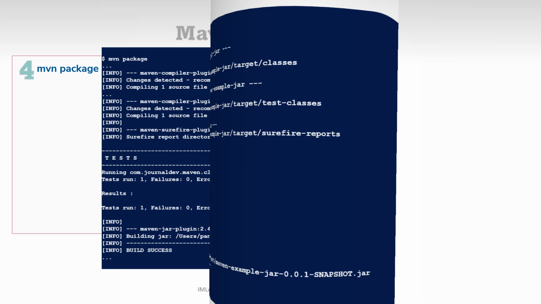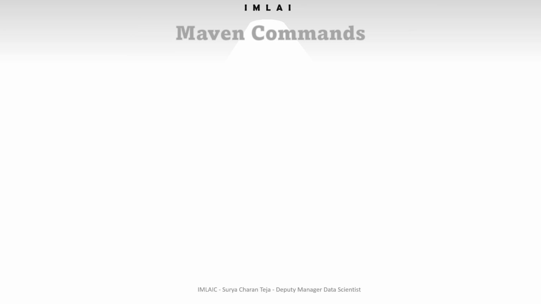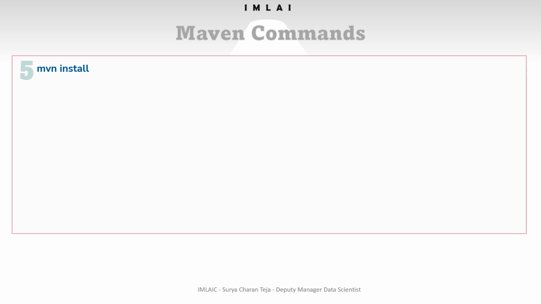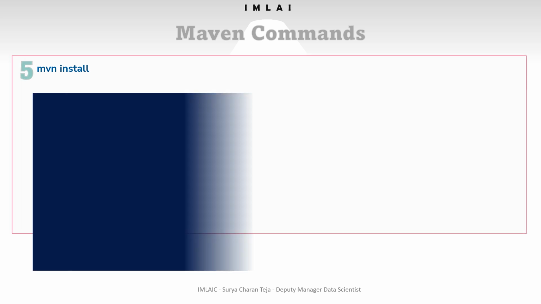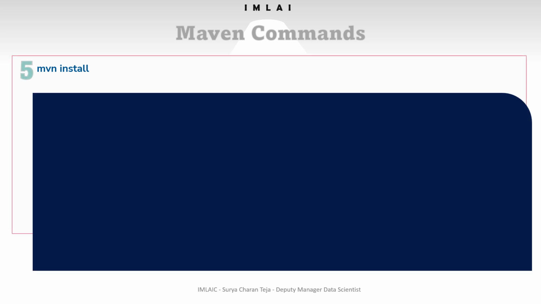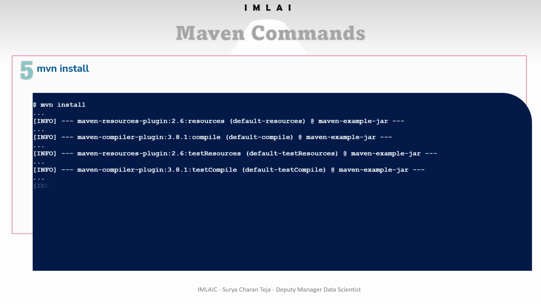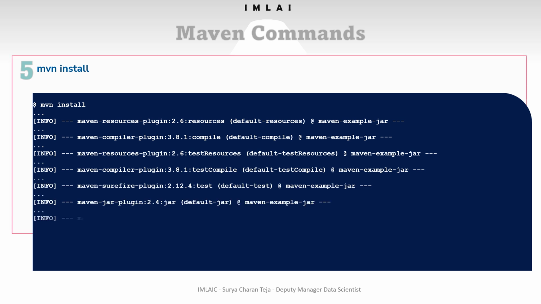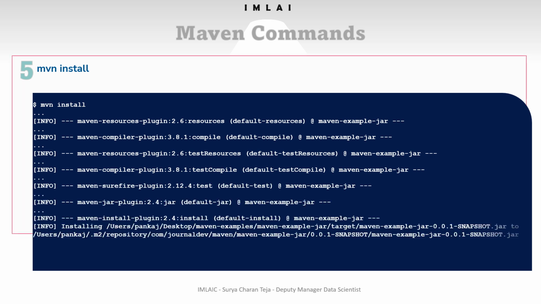Then we have mvn install. So this command builds the maven project and installs the project files, jar, maybe war or pom.xml, etc. to the local repository. The output looks like this by and large. It will install the package into the local repository.